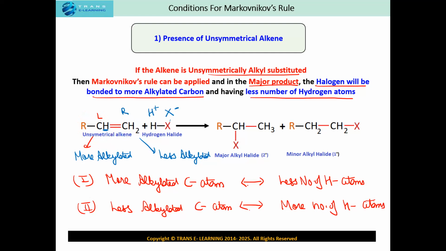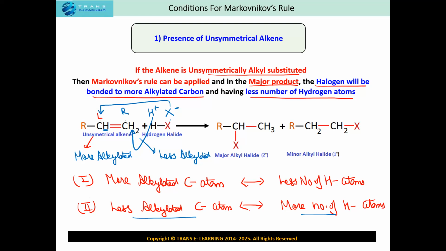So now if you take the concept of more alkylated and less alkylated as per the Markovnikov rule, the electrophile will go to the carbon atom which is less alkylated or which has more number of hydrogen atoms. So the H plus ion will go to this carbon atom on the right hand side, whereas the halogen will go to the carbon atom on the left hand side.